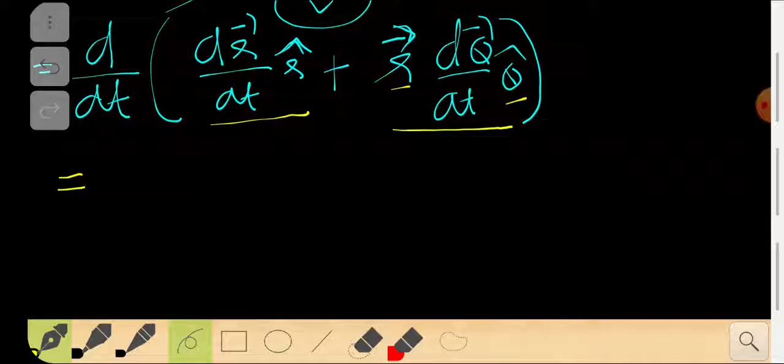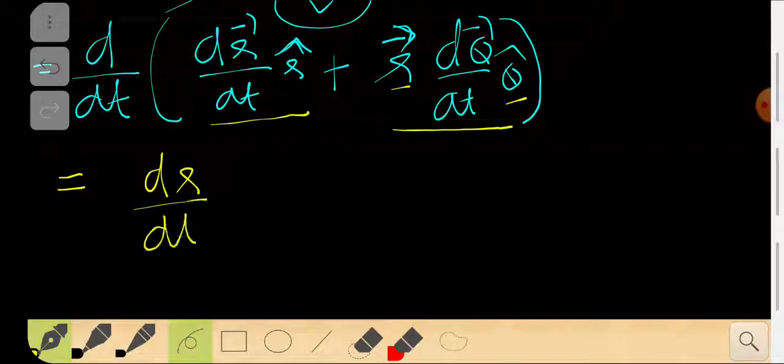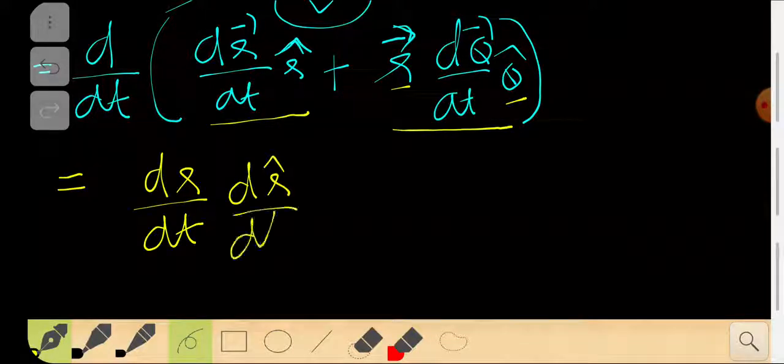In the first part you have two functions, so that's easier. That's the first function, dr by dt, which is a vector, times d of r cap by dt. I'm going to represent vectors just as r, and for unit vectors I'll write r cap, so it's easier to understand with the notation. Let's not complicate ourselves.